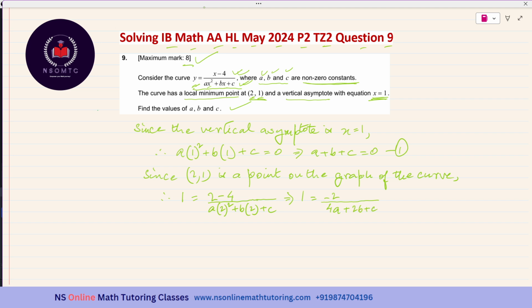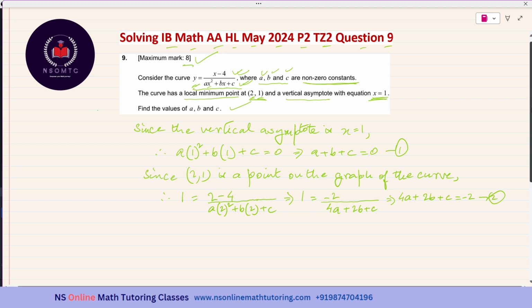And if I multiply both sides with 4a plus 2b plus c, I get 4a plus 2b plus c is equal to minus 2. This is our second equation.